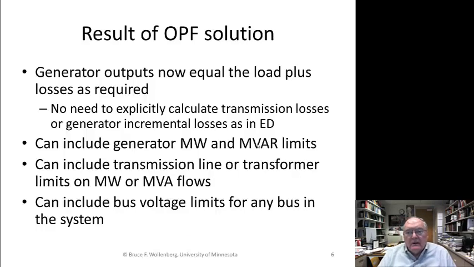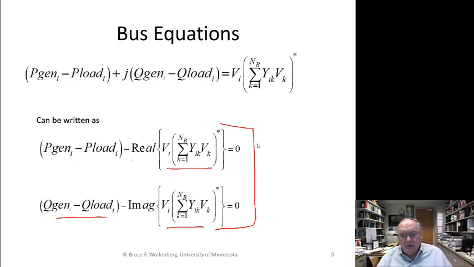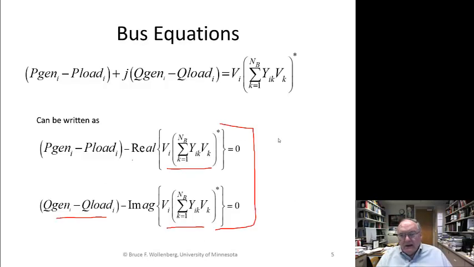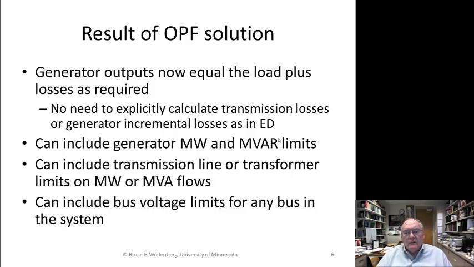Now, let me just back up one second. What I've reviewed here is a very, very complex problem. It's a very complex problem to solve. The original papers were done by a Frenchman named Jacques Carpentier.